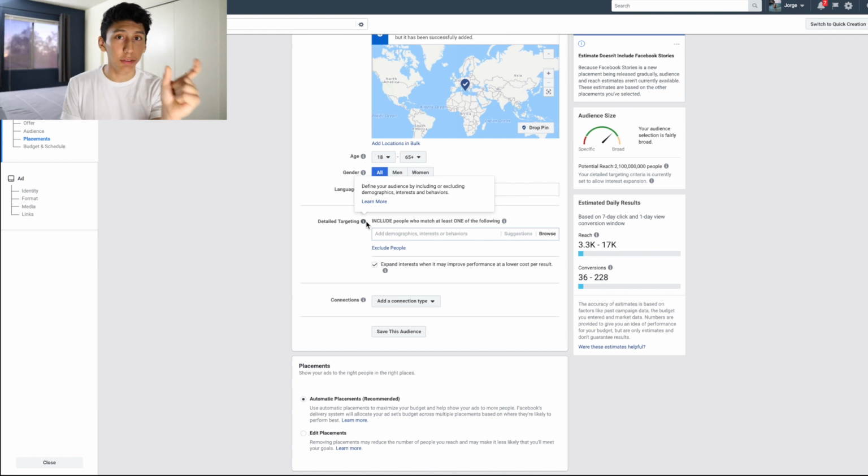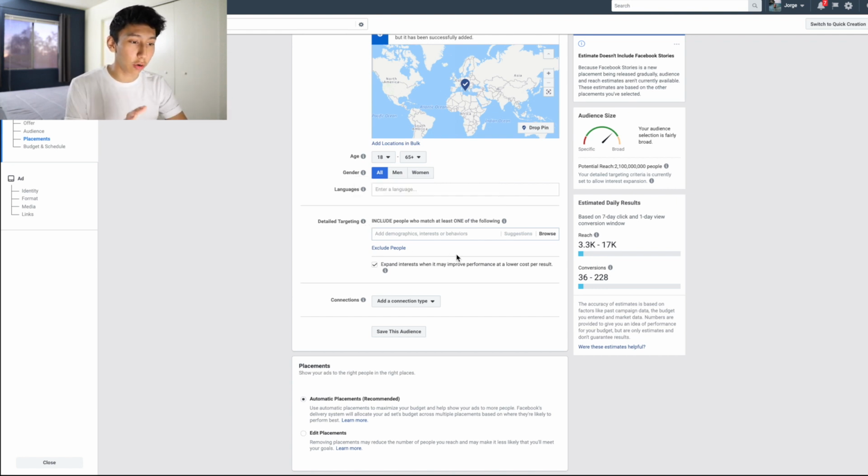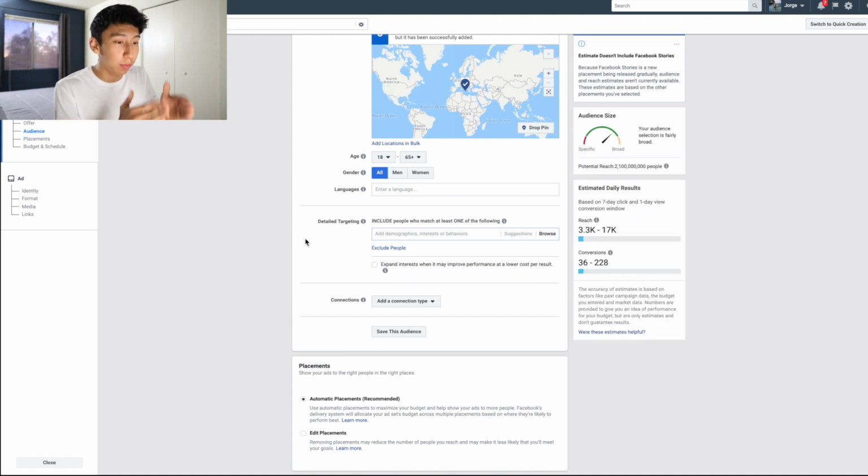That's actually a specific wording that we're going to use. Here, obviously you see that the checkbox is checked, expand interest when it improves performance at a lower cost per result. We don't want to check that. We want to uncheck it because we want our data to go specifically to that specific audience.